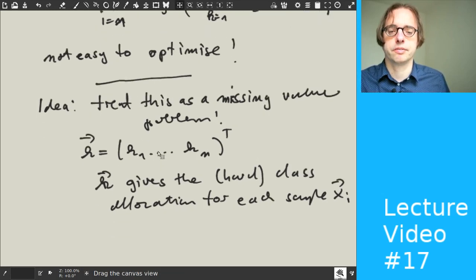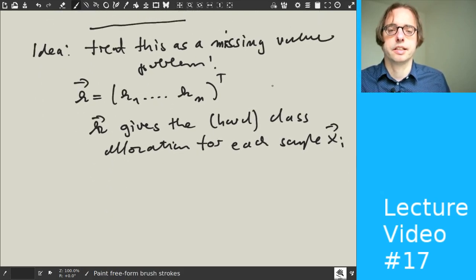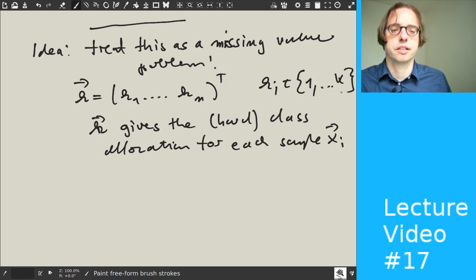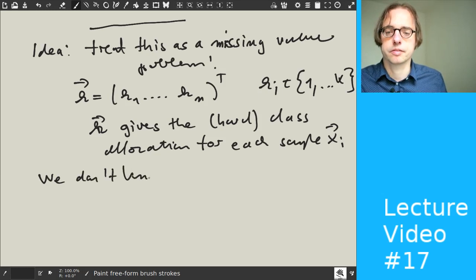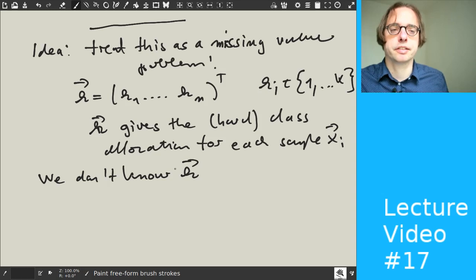So for each sample we have a value k, and each k_i is from the set 1 to K. If we don't know k, obviously, and in fact when we do clustering we would like to know k, or we would like to infer k.